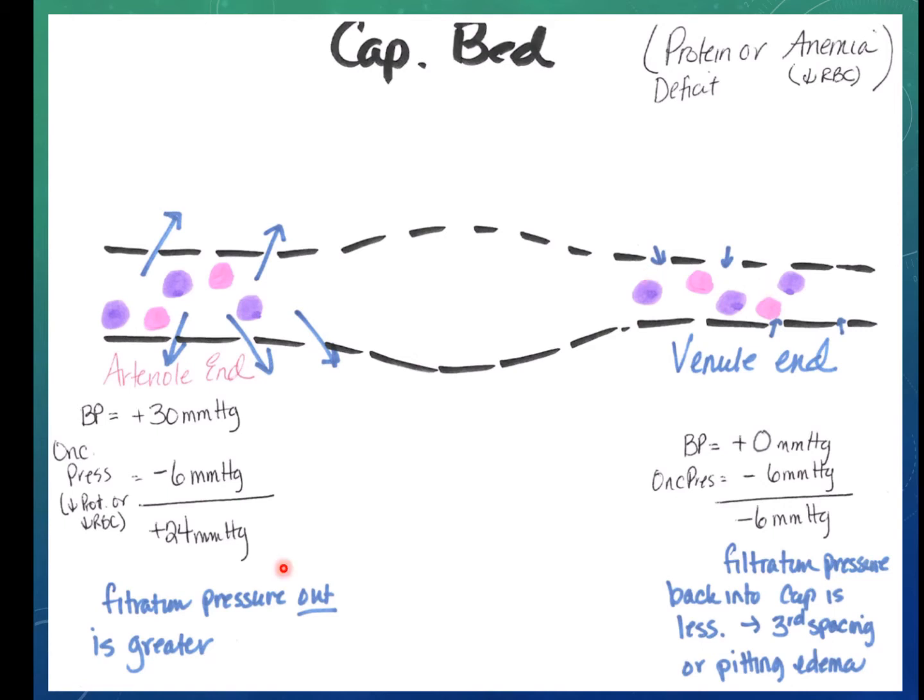But in this particular scenario, we've got a blood pressure that's still the same as before, 30 millimeters of mercury, okay? On the venous end, we still have a blood pressure that is 0, because there's no hydrostatic pressure there.